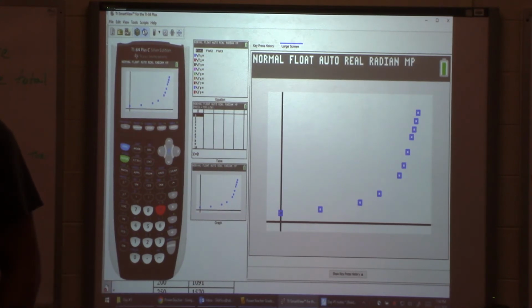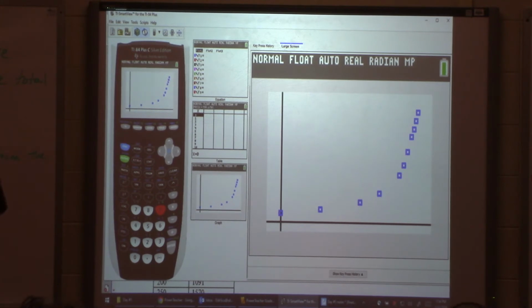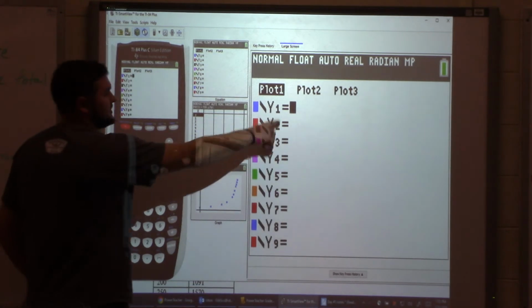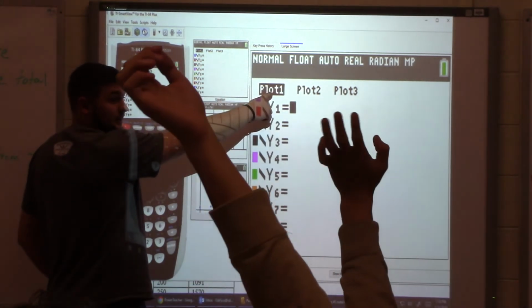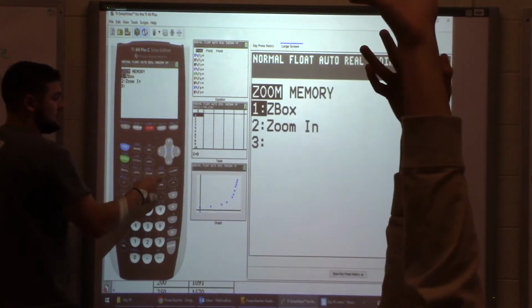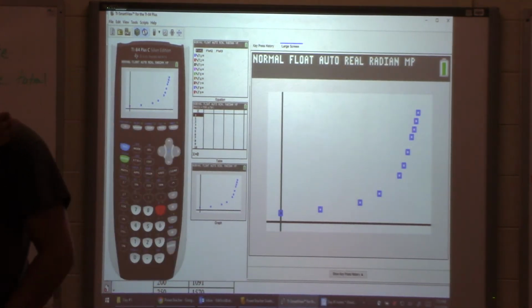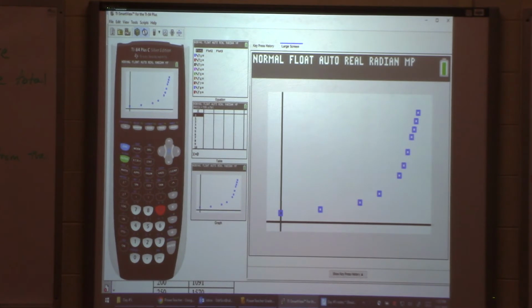Make sure it is cleared, and make sure your plots are on. Make sure there's nothing in there and make sure your plot 1 is highlighted. Once you hit zoom 9, it should look like this, correct? Can you tell what type of equation this is? Is it linear or exponential? Exponential.